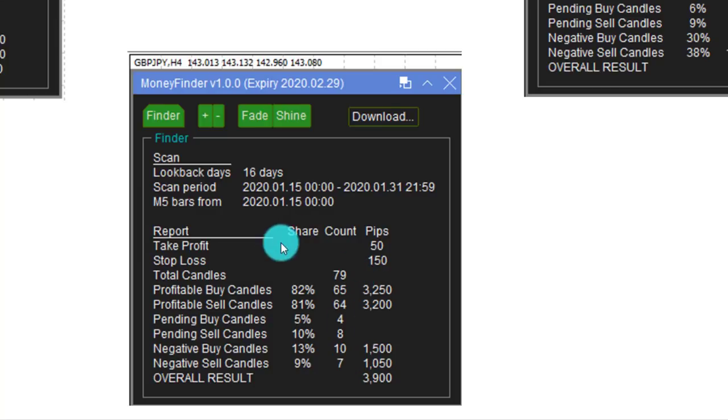So the gain on the 4 hour has been absolutely fantastic, 16 days covered, and that's the kind of thing you can do. You can start playing around with the take profit and stop loss ratio and generate these most fantastic results based on taking a buy and a sell on every single candle.